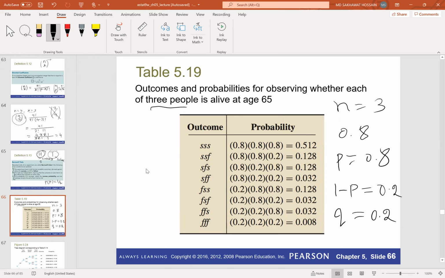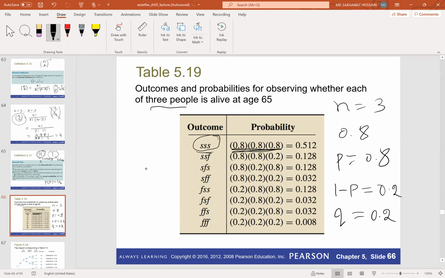Okay, so we have 8 possible outcomes here. The first one is all three people are alive. So that's when the first one is alive, and the second one, and the third one. And they are mutually exclusive, so we can just multiply these 3 probabilities to get the probability of 3 successes. So the probability of 3 successes is 0.8 times 0.8 times 0.8, which is 0.512.